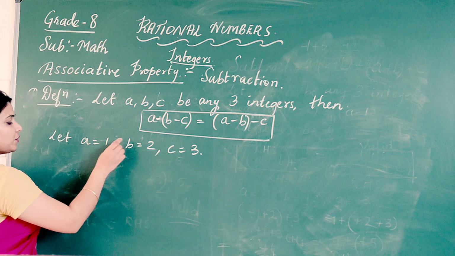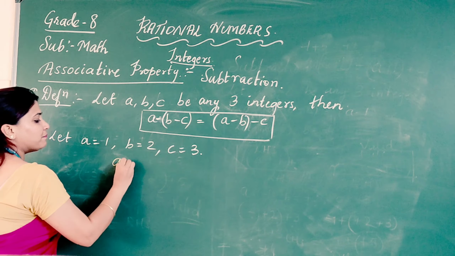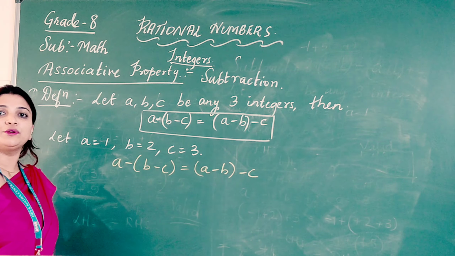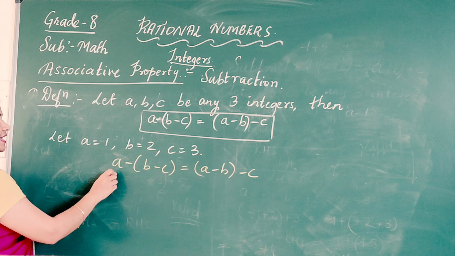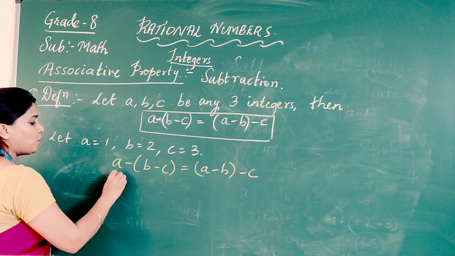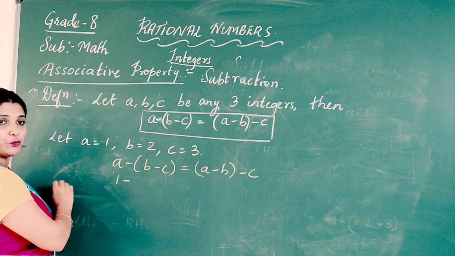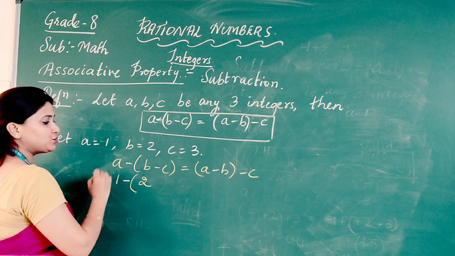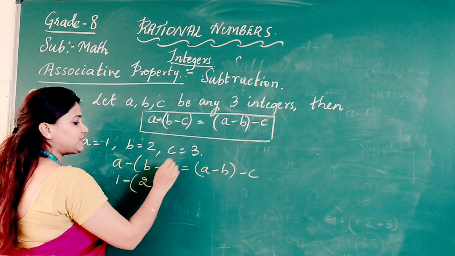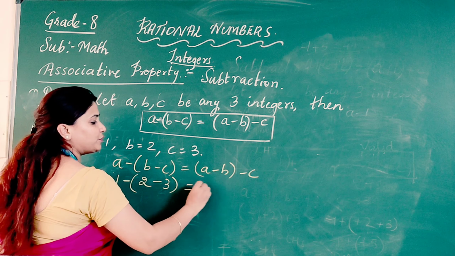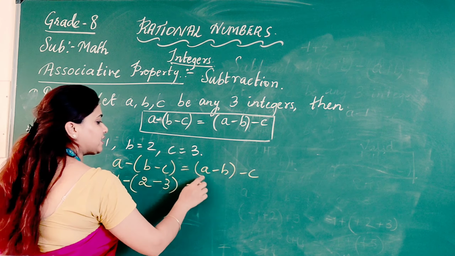Now, what is A? A is 1. 1 minus, what is B? 2. Put the bracket, write 2. Minus as it is, what is C? 3. Is equal to, again open brackets, what is A?